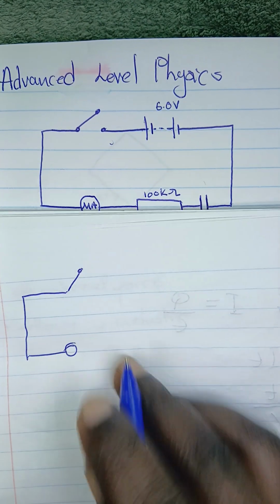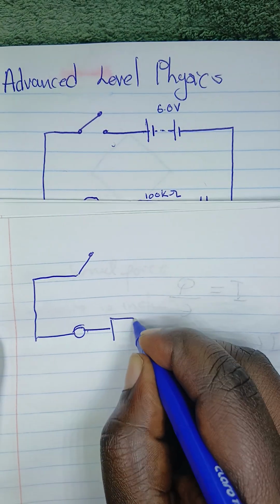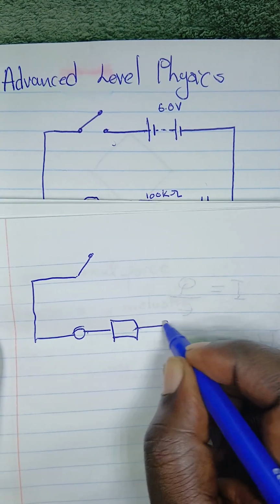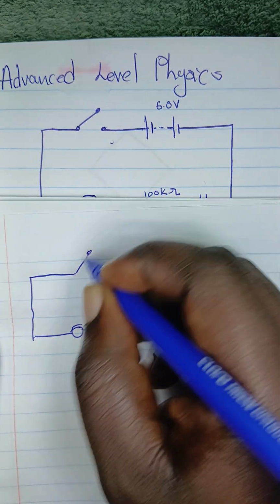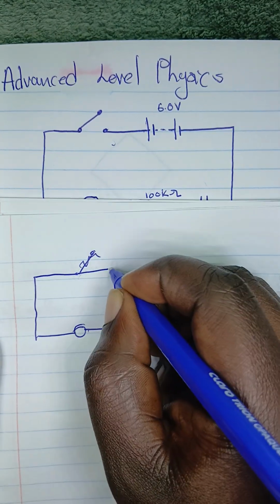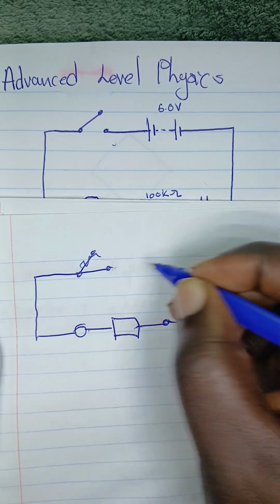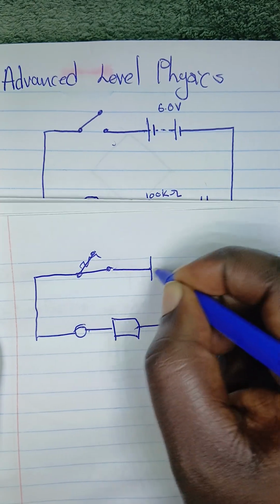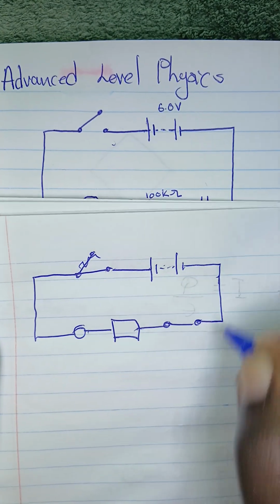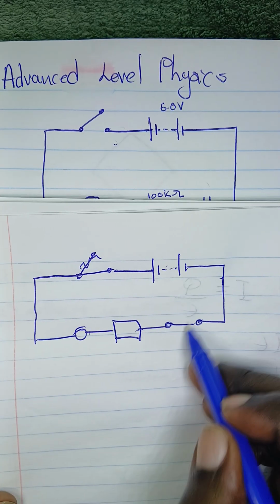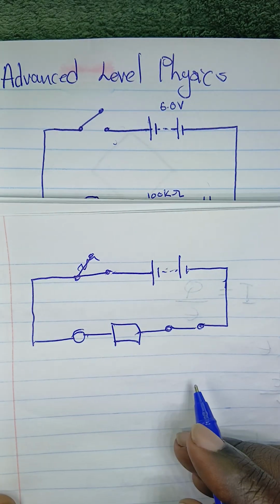So you have your ammeter here and you have your resistor. Since the switch is now closed, the capacitor acted like a short circuit.